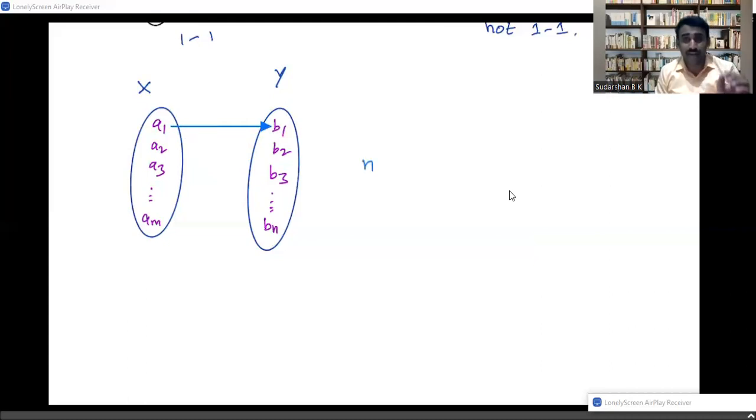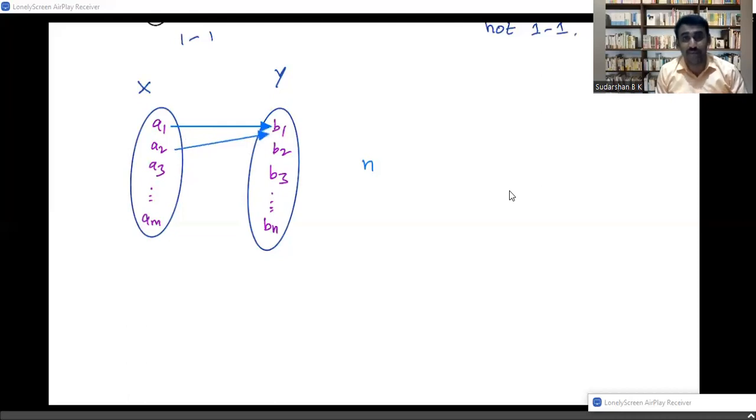Now if I come to the second element, in how many ways can I map it to the elements of set Y? I can map to any one of the remaining elements. I cannot map it to b1 again, because it is not satisfying the one-to-one condition.